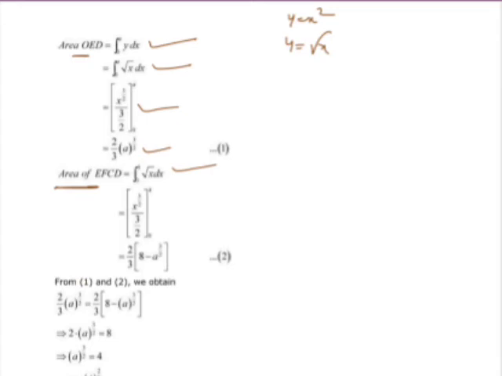You can integrate this: x to the power of 3 by 2 by 3 by 2, limit 0 to 4. So 2 by 3 in the numerator, and now the value of x is 4, it is 8 minus a to the power of 3 by 2.